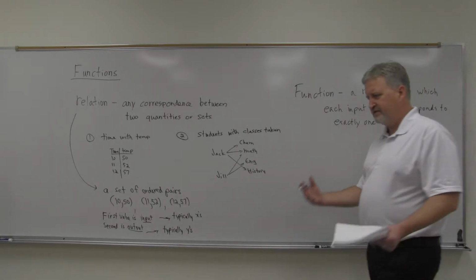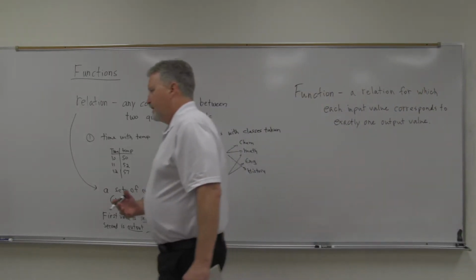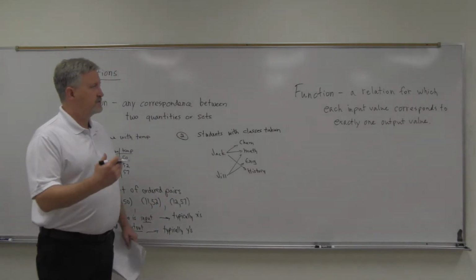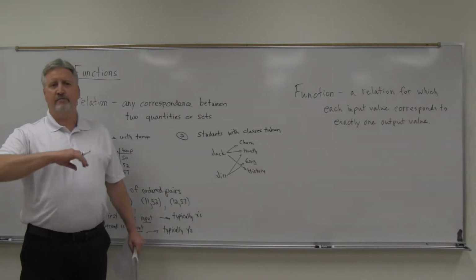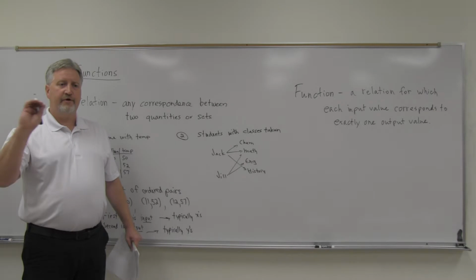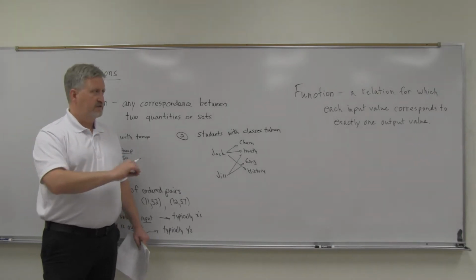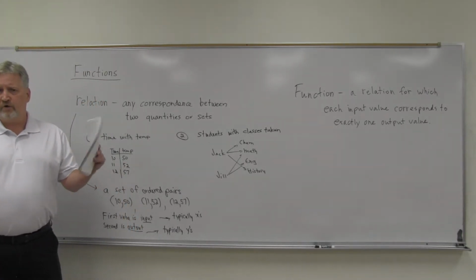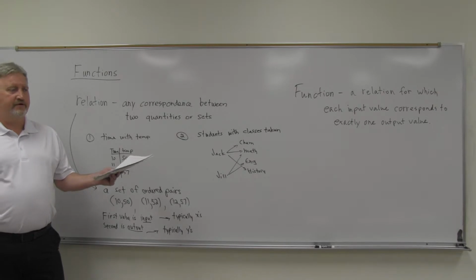So it's a specialized relation. Each input value corresponds to exactly, meaning there's one output that goes with each input. Exactly one and only one, another way to put it.